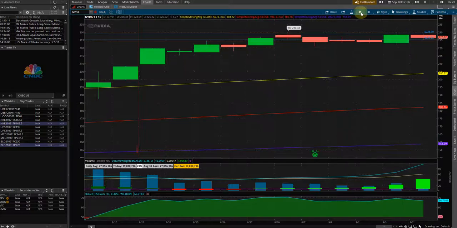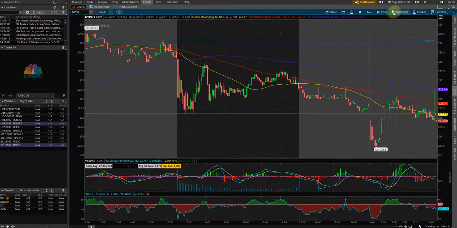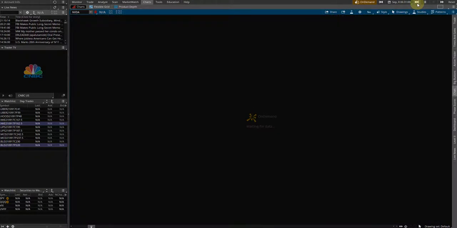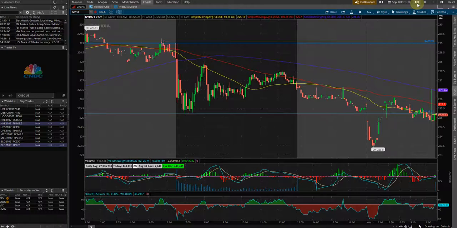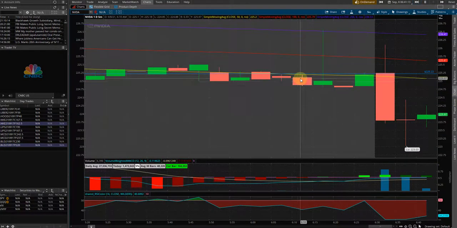All right, so now let's switch back to our 5-minute chart. And let's run it back and see if this would have been a profitable trade. Wow. So we opened just above our trigger.